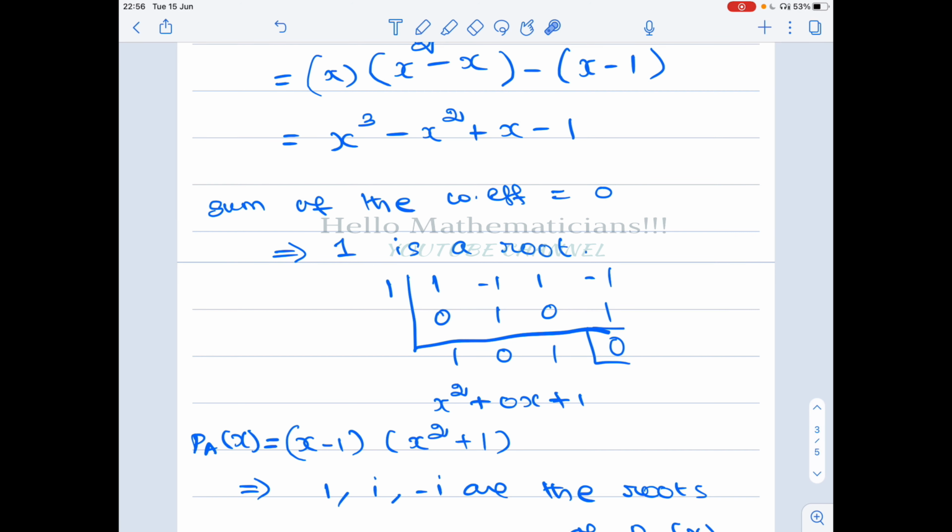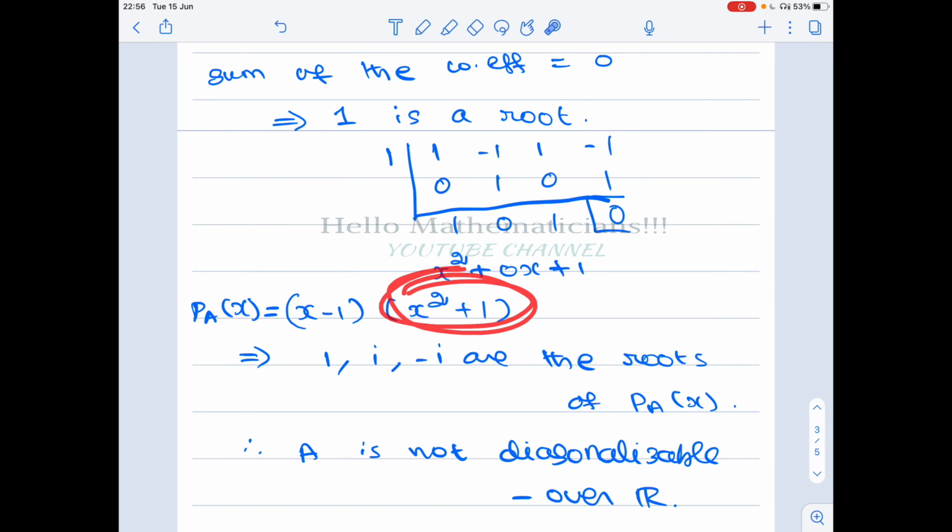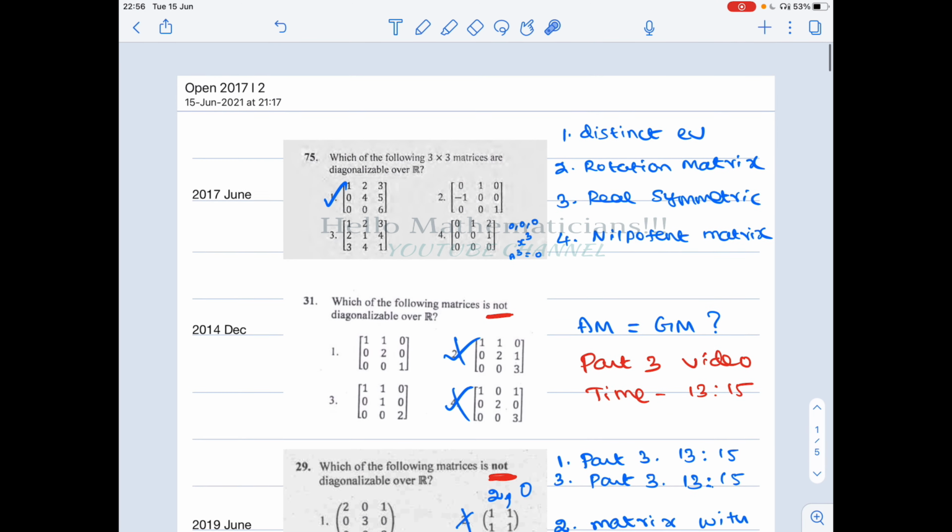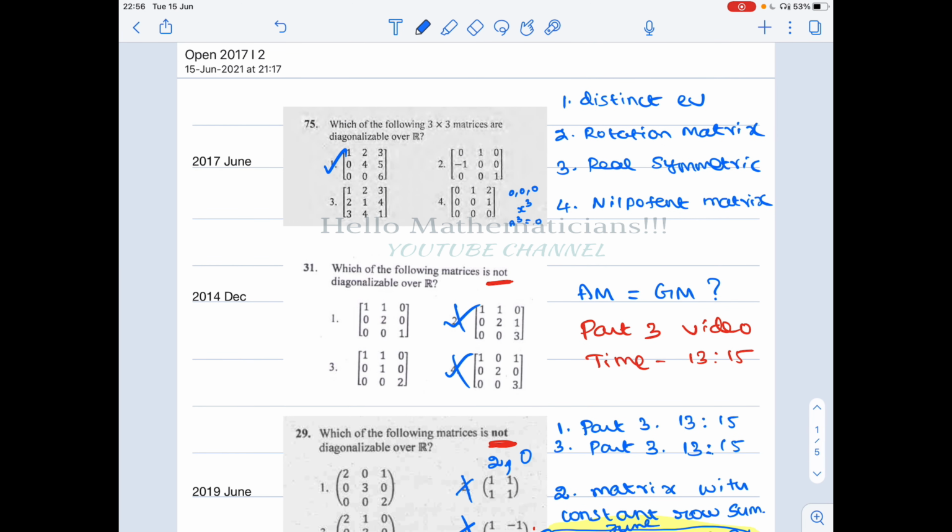So these three values correspond to x square plus 0x plus 1, which is basically x square plus 1. Now the roots of the polynomial x square plus 1 are i and minus i. So what we conclude is the eigenvalues of this matrix are 1, i, minus i.